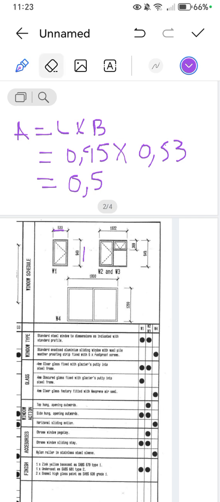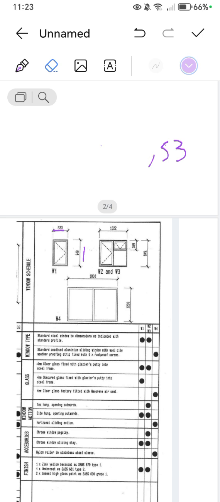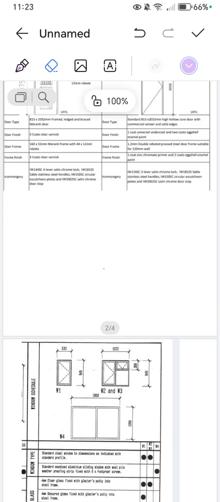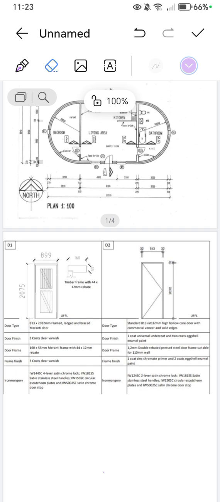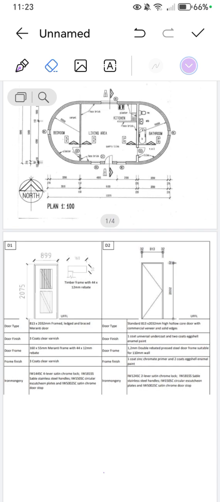So now I'm just going to go to the full details of the windows and the doors, if only you are required to do the taking offs for the doors themselves and the windows. The thing that you have to know with the doors, the first one is your door type. Then you also have to know the type of finishes that you're going to do on your door.